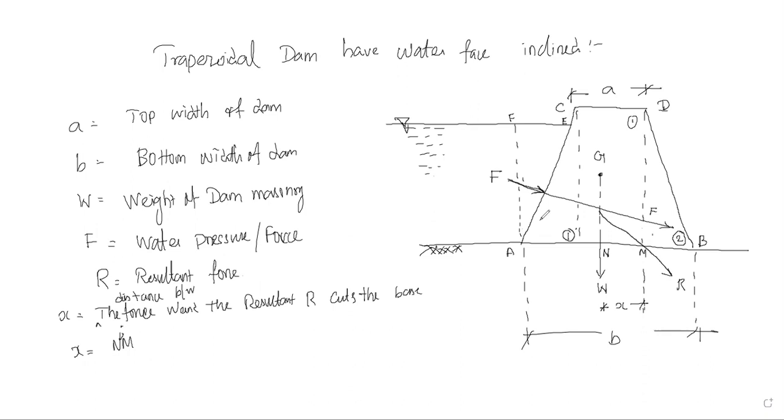Next, I already said the force acts in an inclined manner. This inclination is nothing but theta. If I resolve this force into two directions, one is horizontal and the other is vertical.